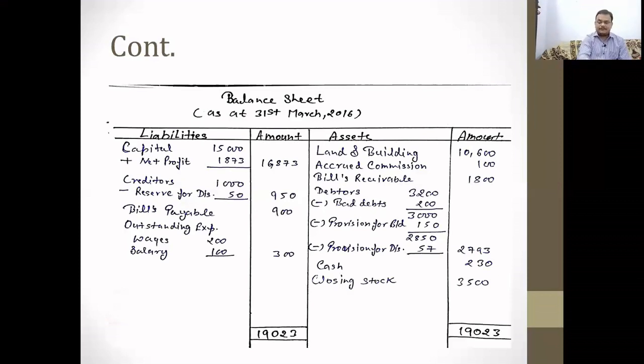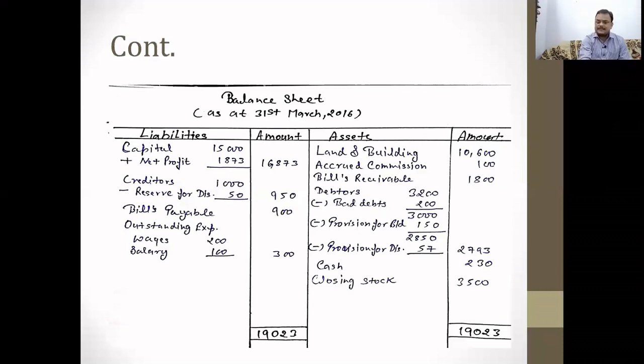And after that we total both the sides, liabilities and assets, and we find the same amount that comes in, that is 19,023 rupees.